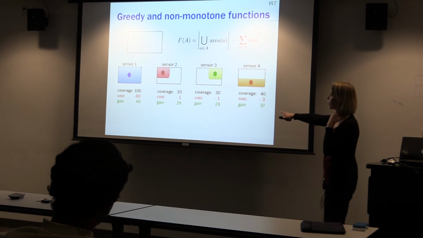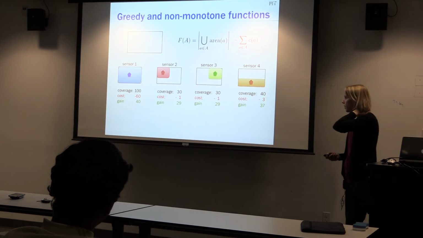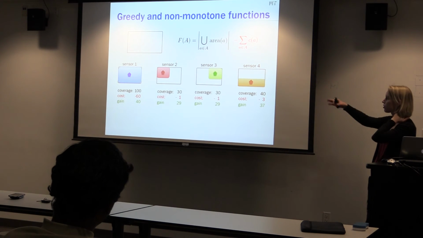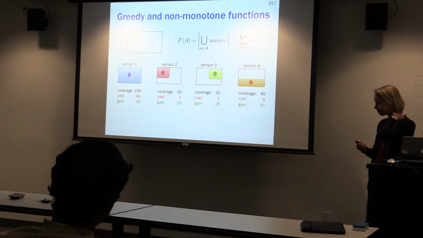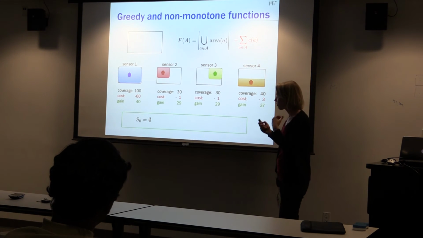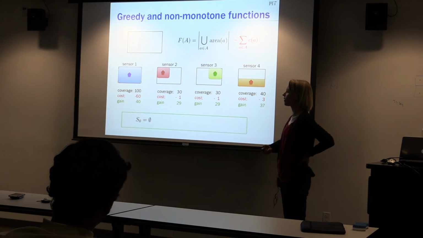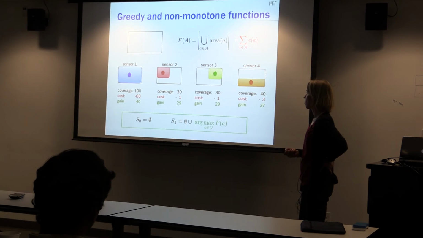First of all, you can think about what would be the optimal solution for this problem, if you have to cover as much as possible at as little cost as possible. So then what would the greedy algorithm do? The greedy algorithm starts with the empty set, and it picks the one that gives it the best mileage, the best increase in gain. So that would be sensor 1.